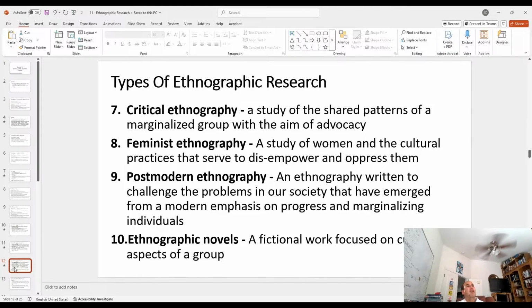Feminist ethnography is a study of women and the cultural practices that serve to disempower and oppress them. It still happens nowadays. Okay. Postmodern ethnography is an ethnography written to challenge the problems of our society that have emerged from a modern emphasis on progress and marginalizing individuals. Right now, the big oppressive mechanisms are AI, or liberating mechanisms, depending on the point of view, right?